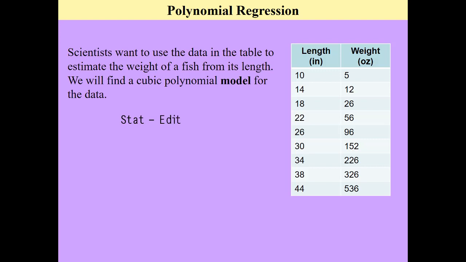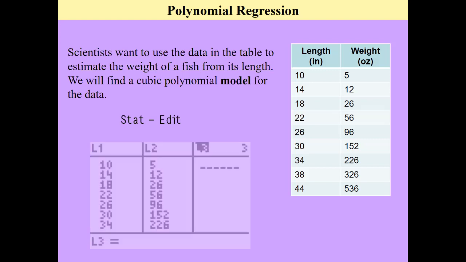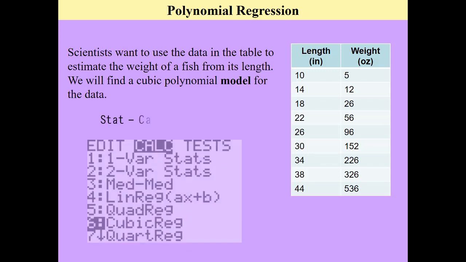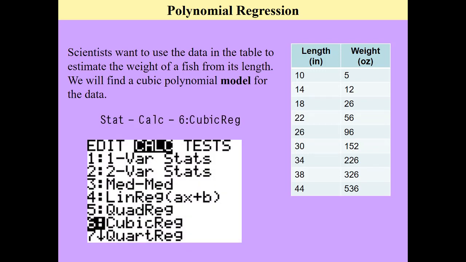So we'll take out our calculator. In the stat edit, we will enter the table of values. Then we will calculate the cubic regression. That means a third degree polynomial that matches this data.